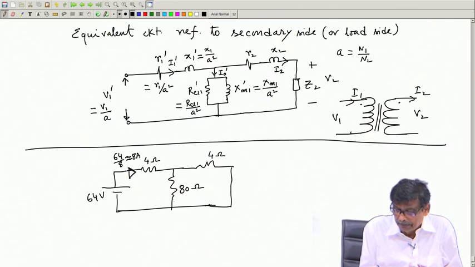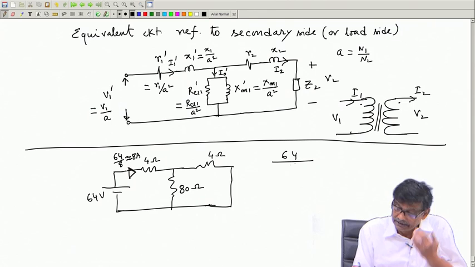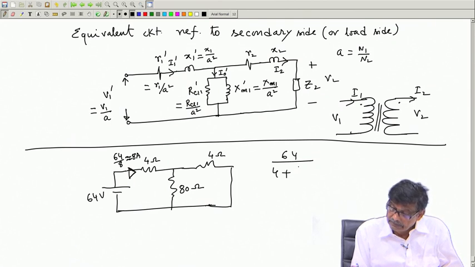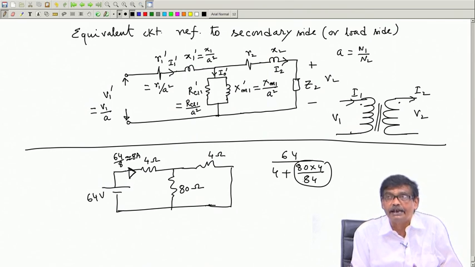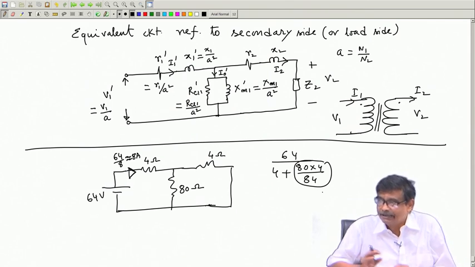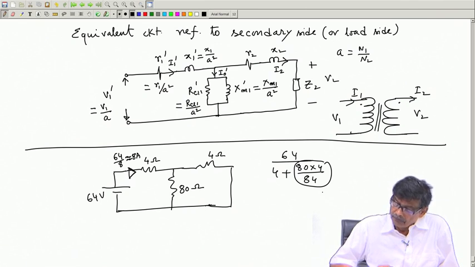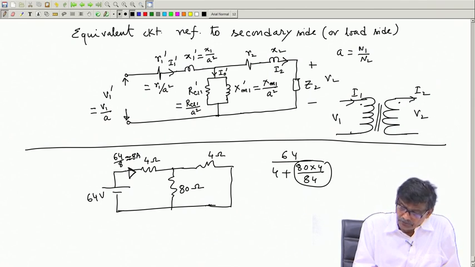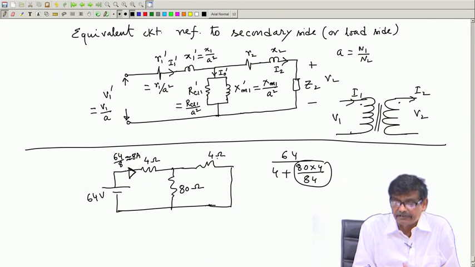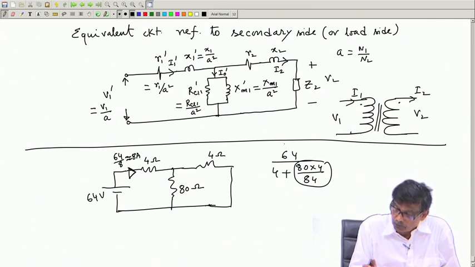Because this parallel resistance is 20 times higher than this fellow. You solve it, this 64 divided by 4 plus 80 into 4 by 84. This quantity is close to 4 only, 80 by 84, what is there, 0.99 something. Therefore, we always know the equivalent resistance of a very high resistance and a low resistance in parallel is of the order of the low resistance itself.